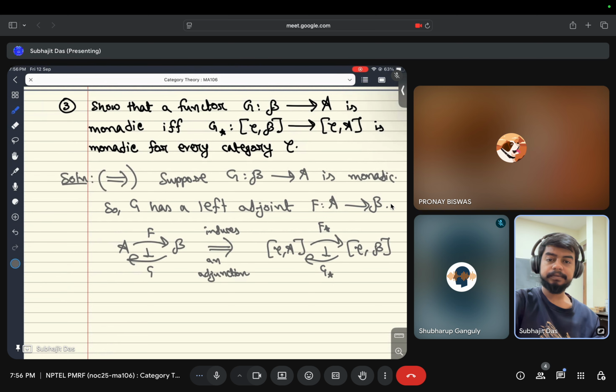So G star has a left adjoint. What else do we need to show?